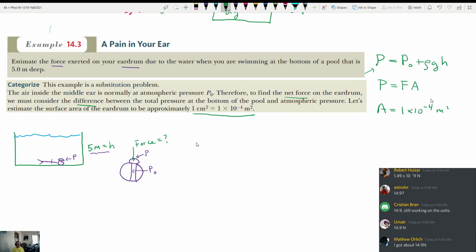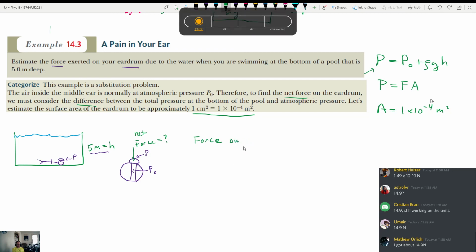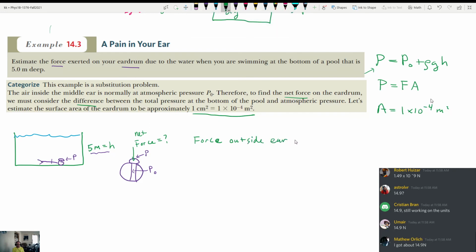The way we would do that is we would take the force coming from the... Really, we're finding net force here, to be more clear. I'll try to make this as clear as I possibly can. Okay, so force outside ear is going to be P times A, right?